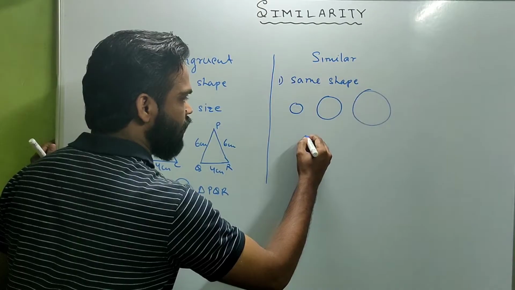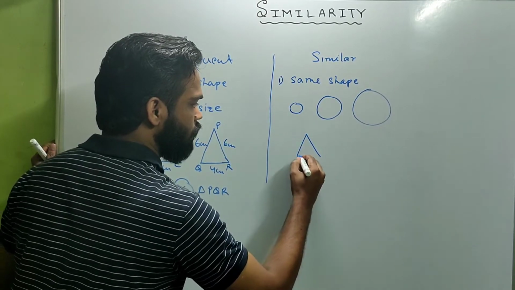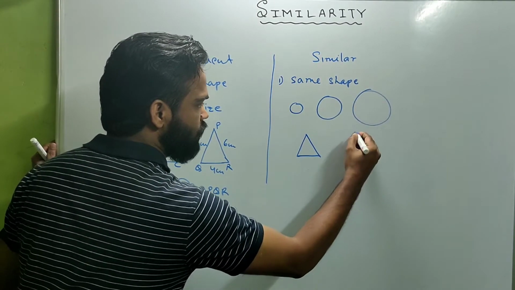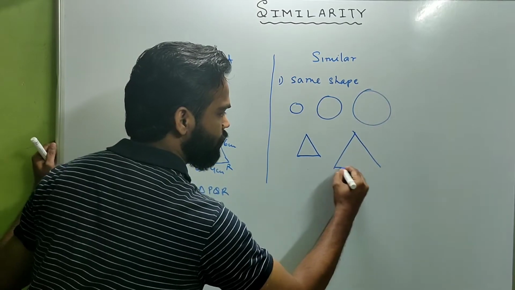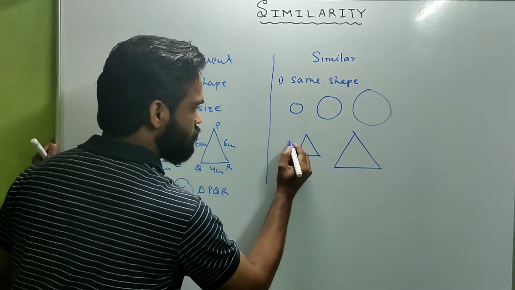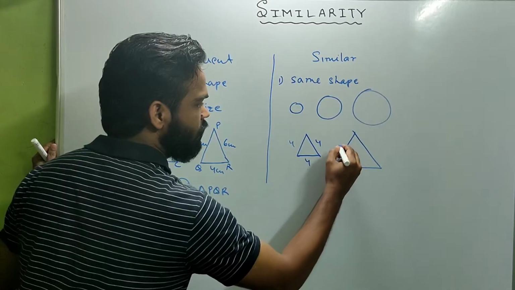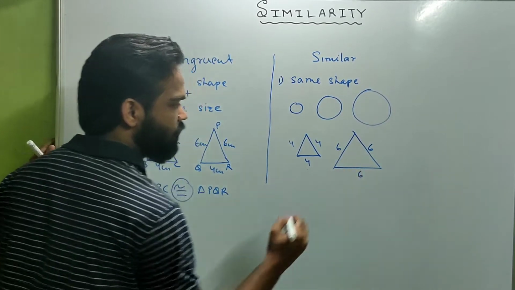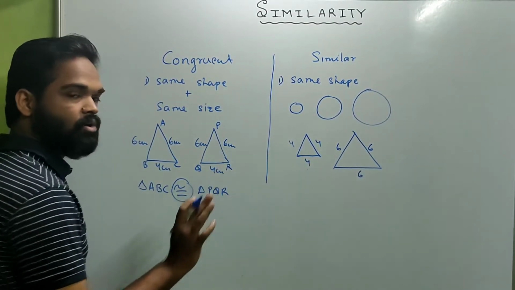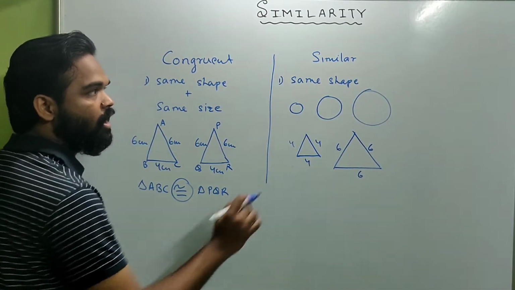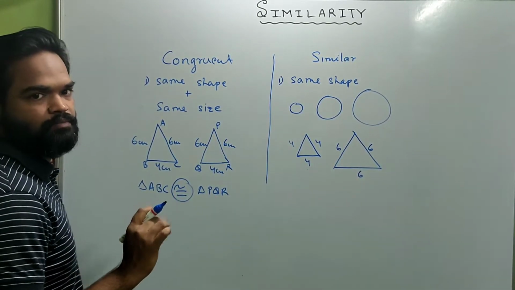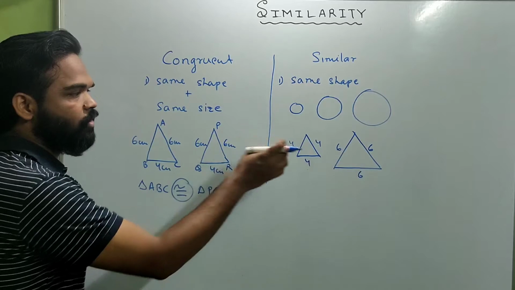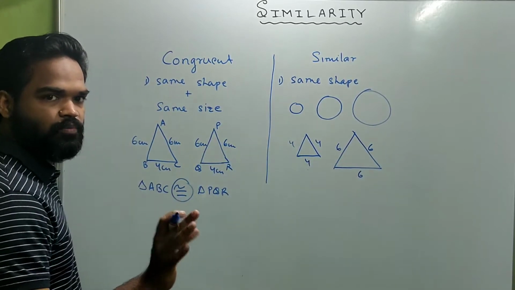Similarly, if I draw two equilateral triangles, suppose this is 4 centimeter, this is 6 centimeter, though the sizes are not the same, these two are similar figures. So I hope what is a congruent figure and what is a similar figure is clear to you.